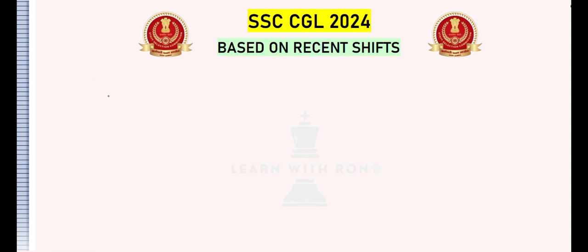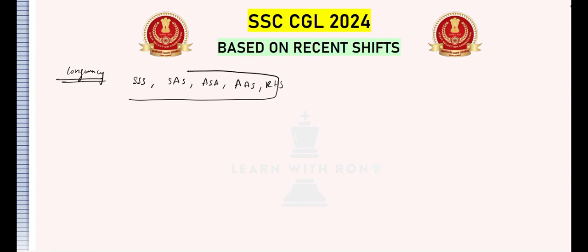And one more thing, for congruency, what are the properties? Only SSS, SAS, ASA, AAS and RHS congruency make two triangles congruent.